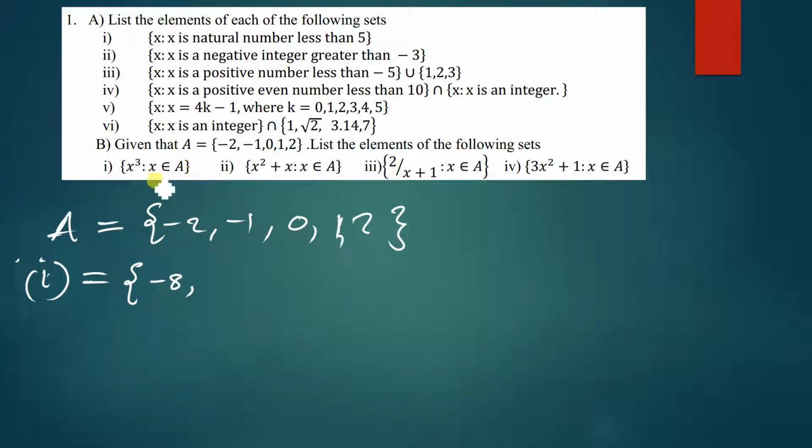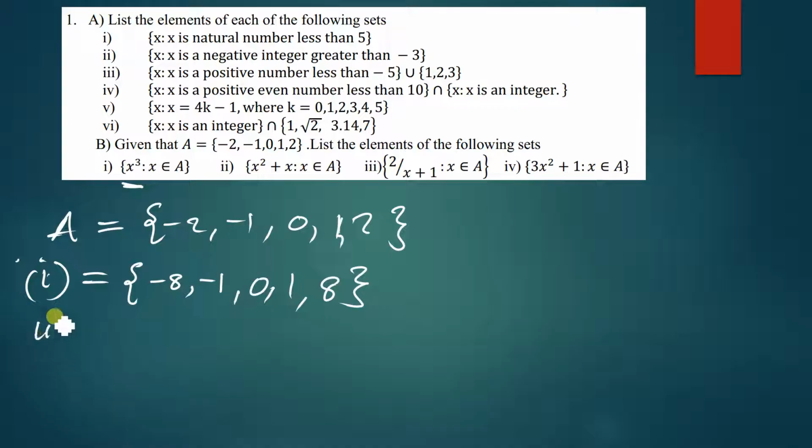Negative 1 to the power 3, we're using this formula that has been given there, will give us negative 1. And then 0 to the power 3 will give us 0, 1 to the power 3 will give us 1, and 2 to the power 3 will give us 8.